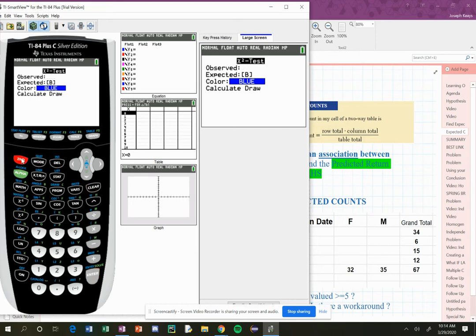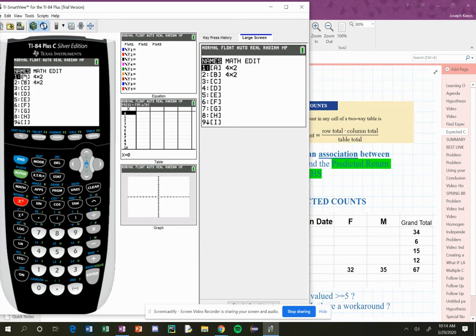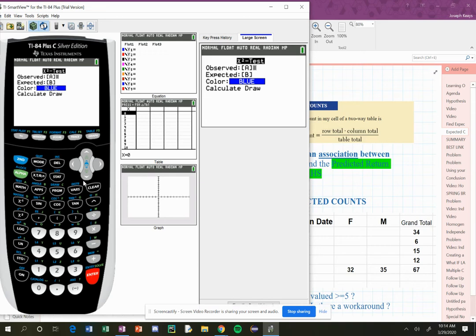Well, you go to second matrix, and notice it's prompting me for A. I hit enter, and then it snaps A in here. This is not something that you type in. This is something that you fetch through the matrix menu. The next one usually is prompting you for matrix B, but you can make it any matrix you want.